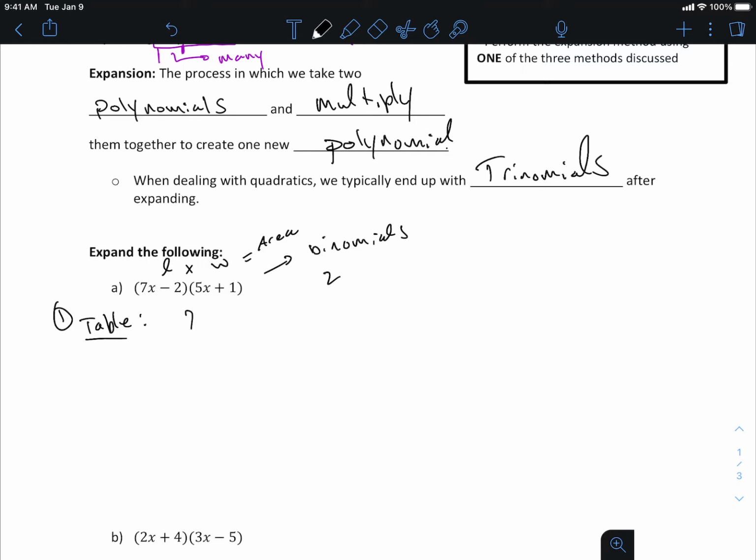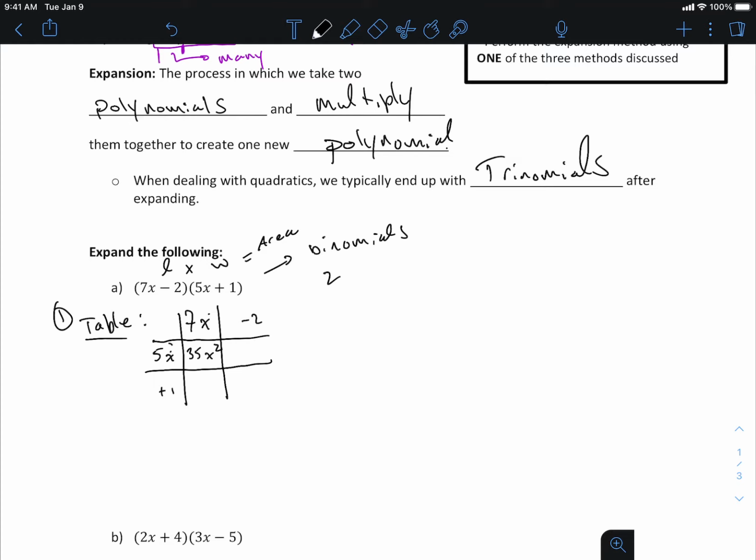So what you do is you write 7x and minus 2, and then 5x and plus 1. Create your table, and then you fill it in with multiplication, because that's what we said to do up here. We multiply. So 5 times 7 is going to be 35, but then you also have to multiply the x times the x, which is x squared.